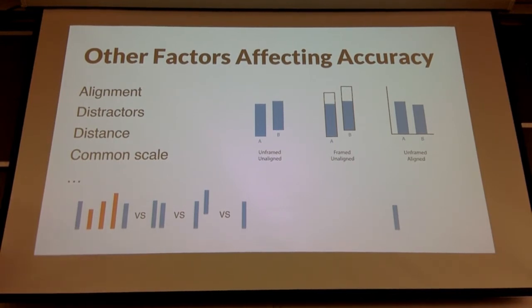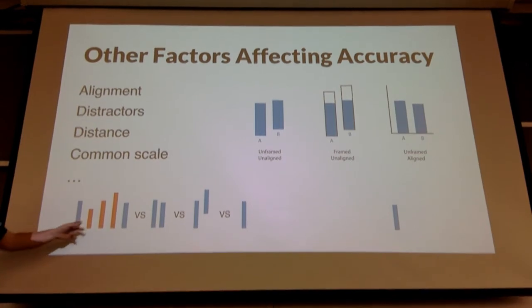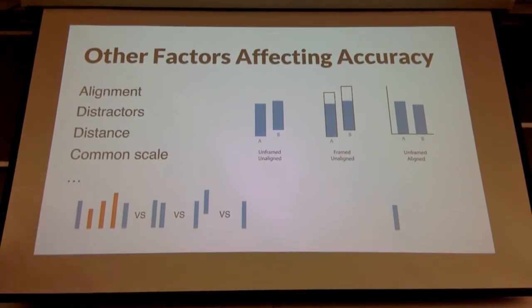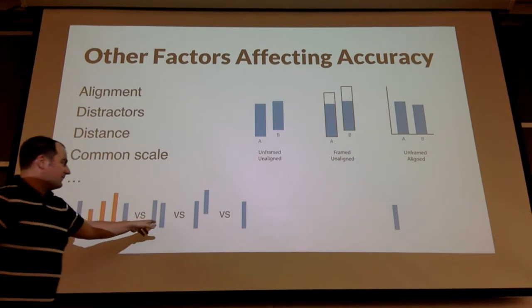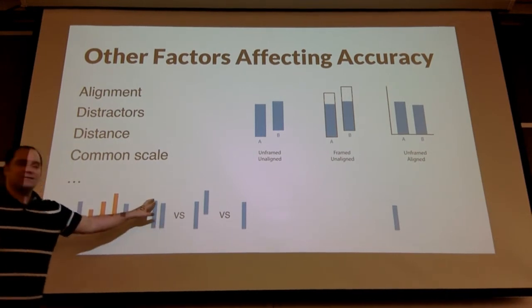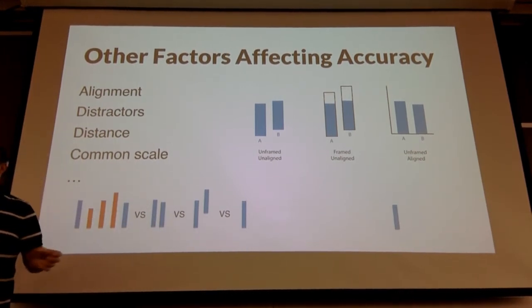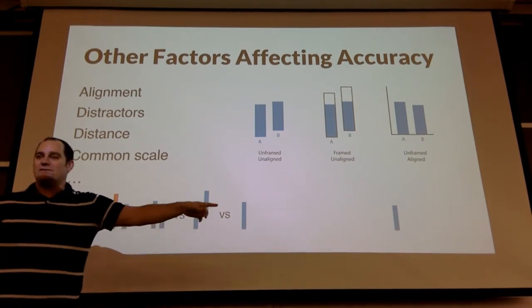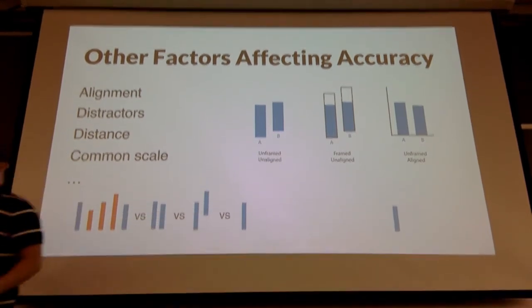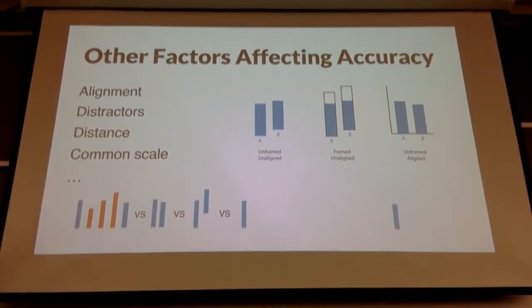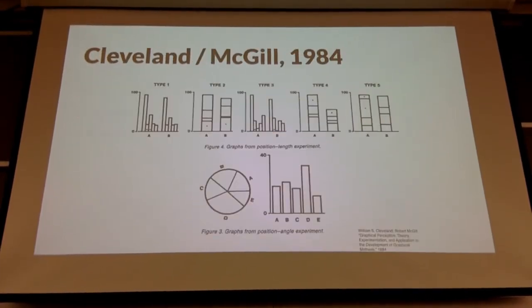So if we have other things in between 2 things that we want to compare, that has an effect on making judgments. Or distance. So those 2 bars, they're actually the same 2 bars, and you can see that there's maybe a 5 to 10% difference between them, but it's really hard to see that when they're all the way apart here, even though they use position on a common scale. So all of these things affect accuracy.